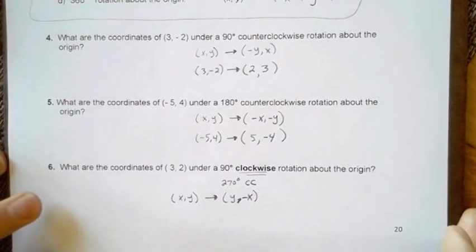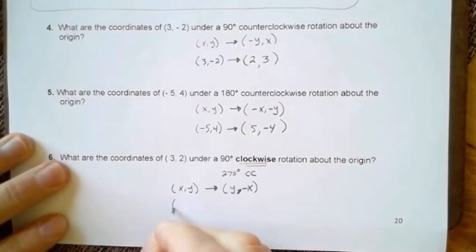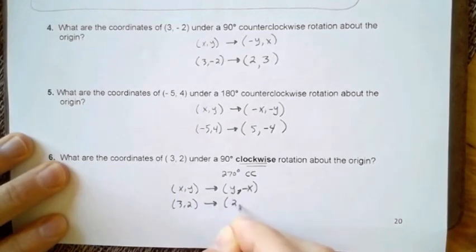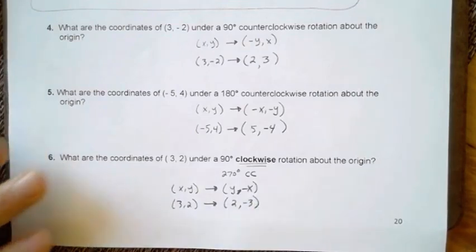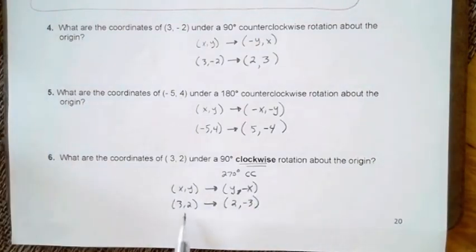Applying that to the point 3, 2, first I need the Y coordinate, which is 2, and then the opposite of X. The opposite of 3 is -3. So 3, 2 under a 270 degree rotation, or 90 degree clockwise rotation, would map to the point 2, -3.